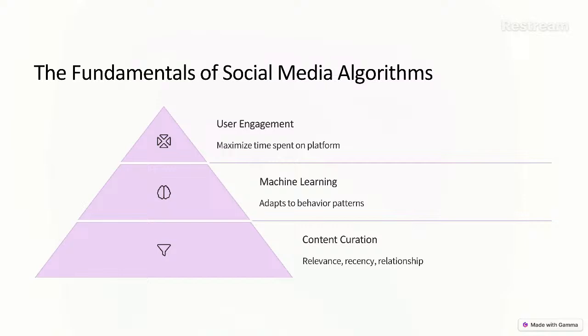Let's start. Right, the first thing here, the fundamentals of social media. I would probably reverse that, but I believe that content is a big thing for the algorithm. I guess this is the right way to do it because it's content curation, relevancy, recency, relationship.